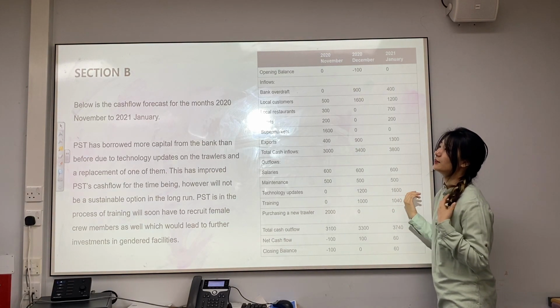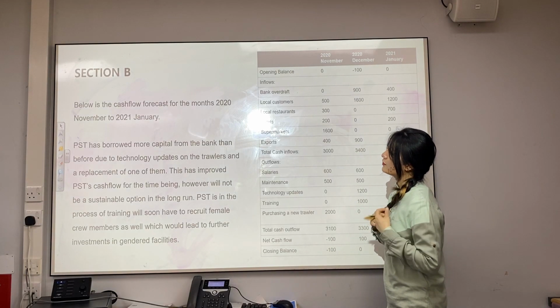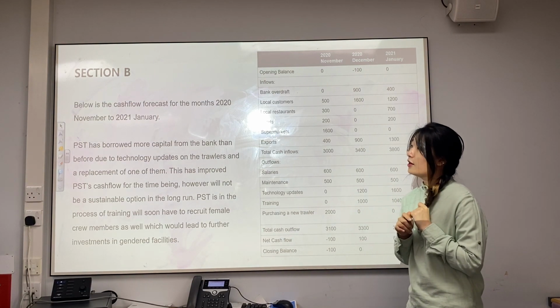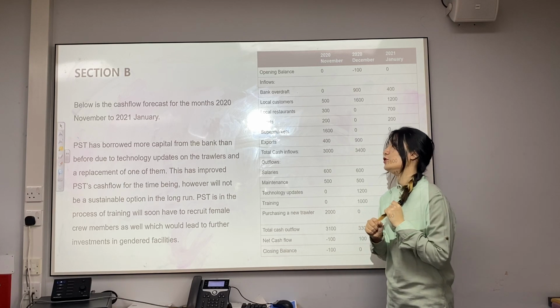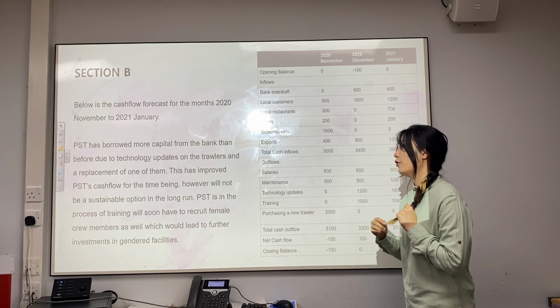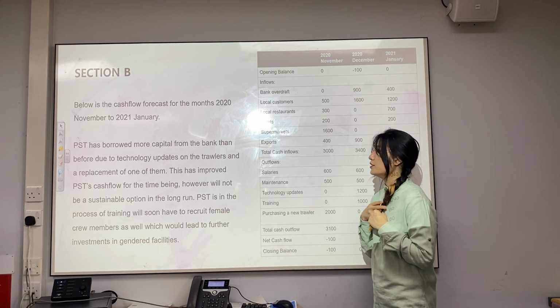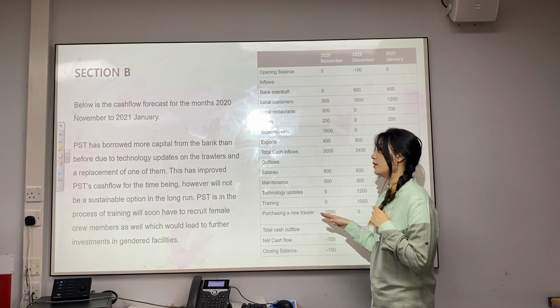We'll have a look at their cash flow. So below is the cash flow forecast for the months 2020 November to 2021 January. PST has borrowed more capital from the bank than before due to technology updates on the trawlers and a replacement of one of them. This has improved PST's cash flow for the time being.